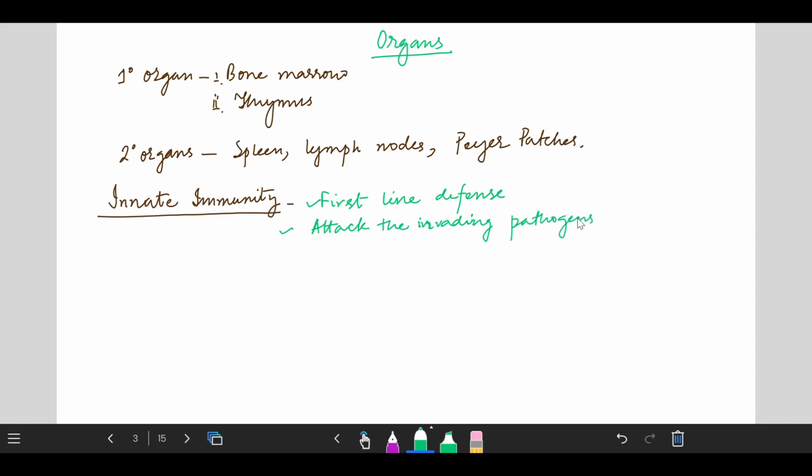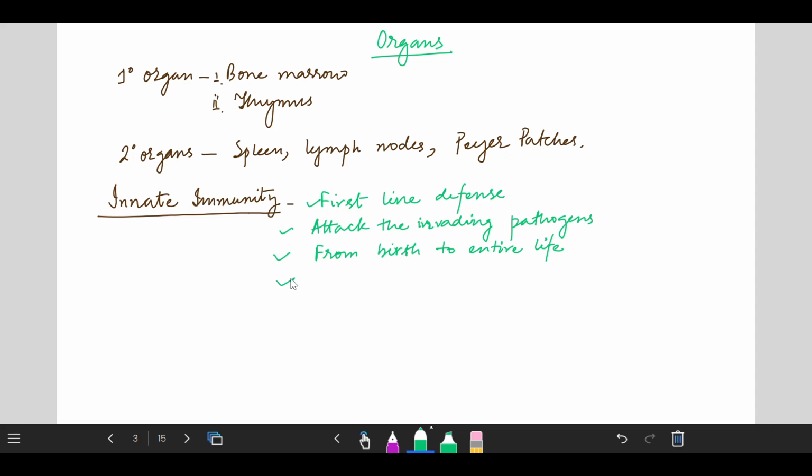And it has no memory, and it is present at the birth and lasts for entire life. So we can write like from birth to entire life. Because it has no memory, it does not remember specific foreign antigens and does not provide any protection against future infection.